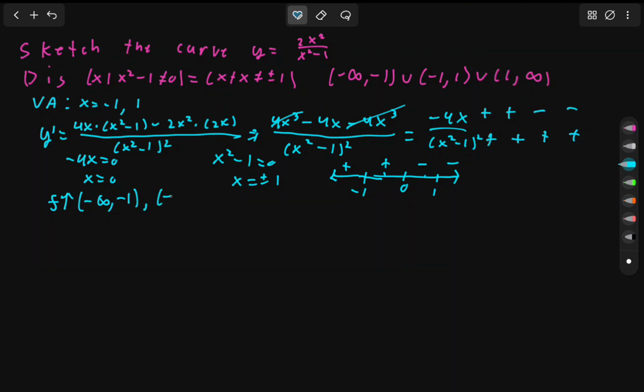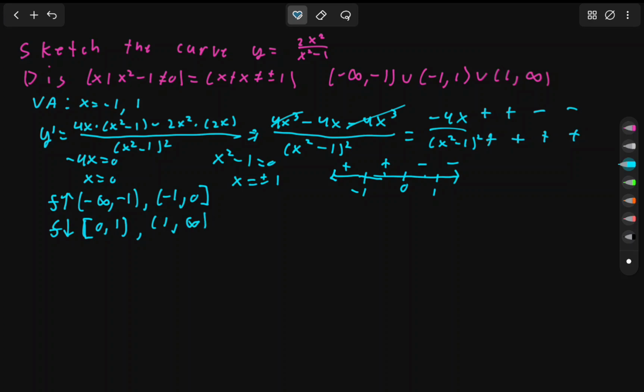And then from -1 to 0, however, we can include the 0. f is decreasing from 0 to 1, including 0, not including 1, and then from 1 to infinity.